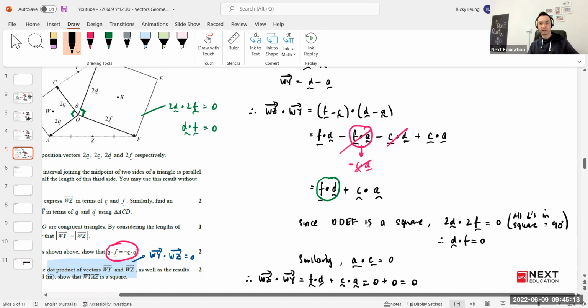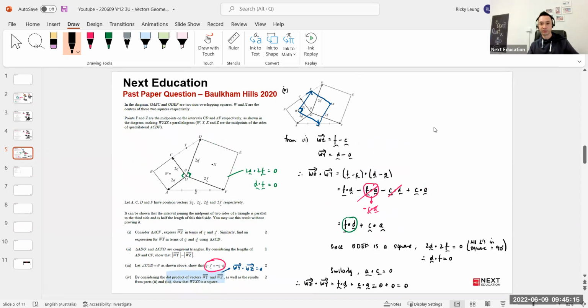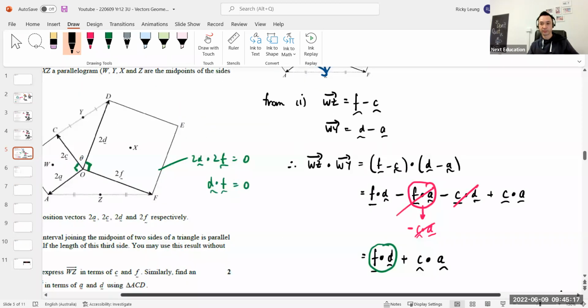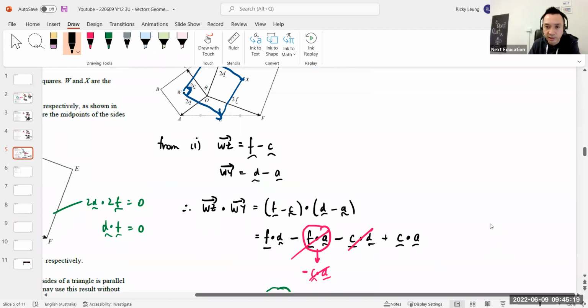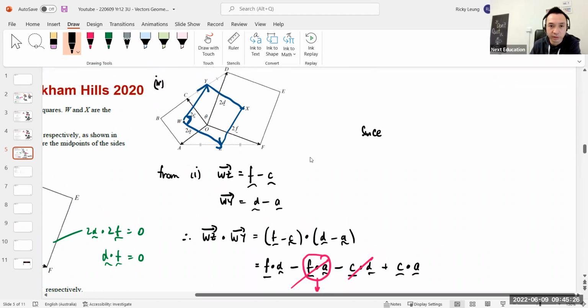Now, the grand finale. I'll do the grand finale up here. Since, now what's the blue parallelogram? W, Y, X, Z. Well, actually, let's just conclude it.